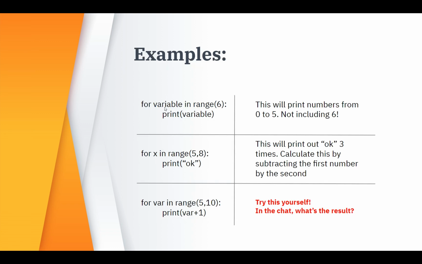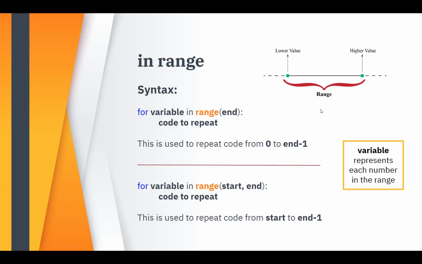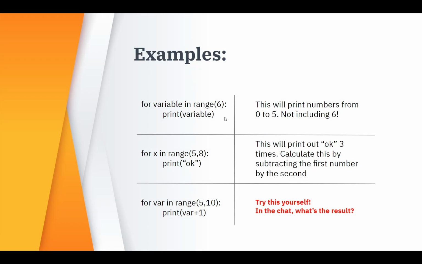A few examples. For variable in range 6, print variable, and so it'll basically print from 0 to 5. It won't print 6, because remember, it says end minus 1. For x in range 5 to 8, print OK, it'll print OK 3 times. So it's going to print OK for 5, 6, and 7, but not 8.